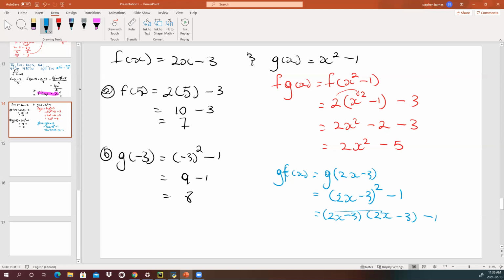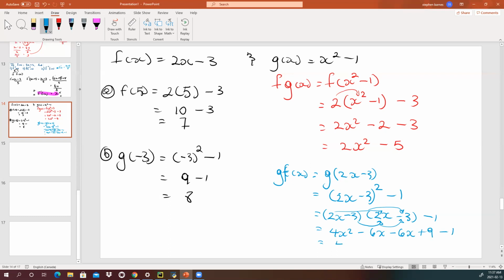So when you multiply it out, you're going to get 4x squared, then 2x times minus 3 gives you minus 6x, minus 3 times 2x gives you another minus 6x, and then minus 3 times minus 3 gives you a positive 9, and then you have this minus 1 out here.